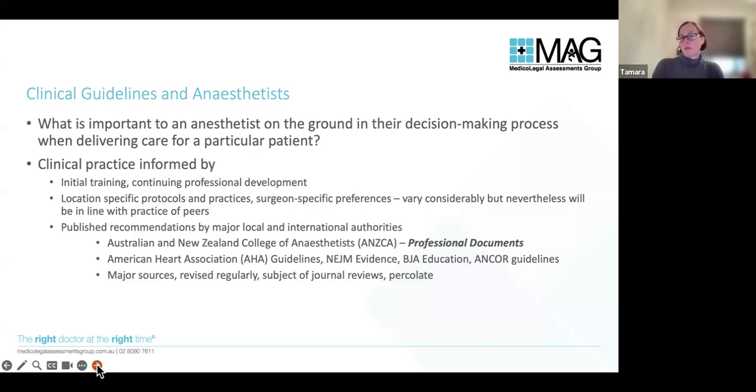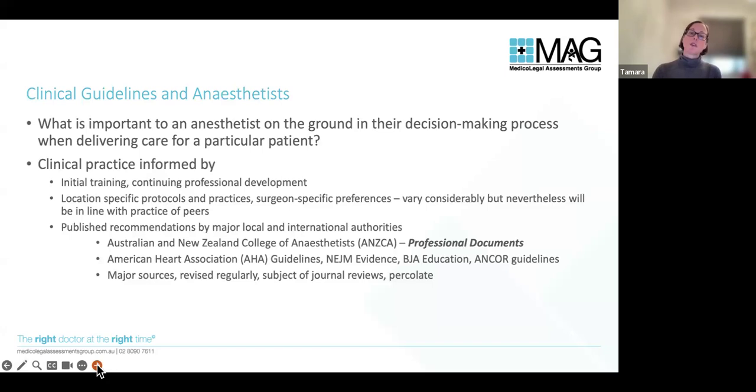And then we talk about the use of other documents, like the professional documents. There are a core body of other things that I'll reference, not only for work, but for looking at something medico-legal in order to see what the comparison to best practice is. As anaesthetists, we have go-tos like the American Heart Association guidelines. They might issue guidelines on how to deal with the blood thinning medication of a person with a valve who has to have that stopped so that they can have a major surgery.